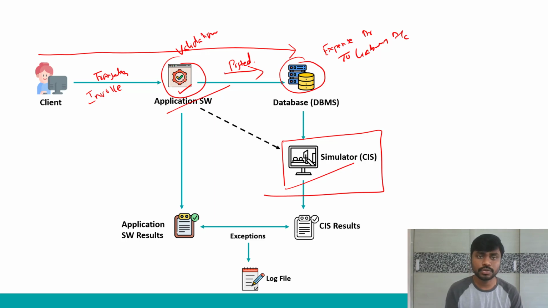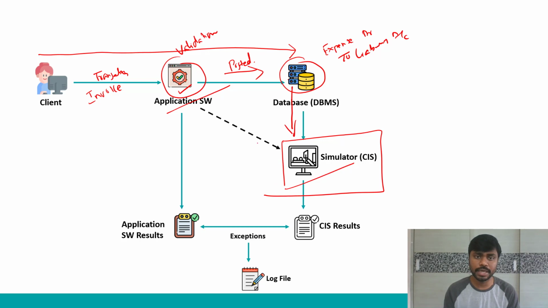This transaction is getting posted in the general case, but going forward, the database gets a request for a particular transaction to be posted, and it sends the same information to the simulator. Hey, I need to accept a particular transaction. Before I accept it, can you please check once?